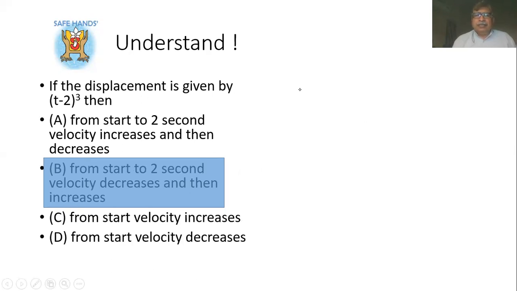So very typical thing, application in derivatives, which ask you to find out when it is increasing and when it is decreasing. So please try to recall that if y is equal to f of x is the given function, then find out dy by dx. If this turns out to be positive, then y is continuously increasing.